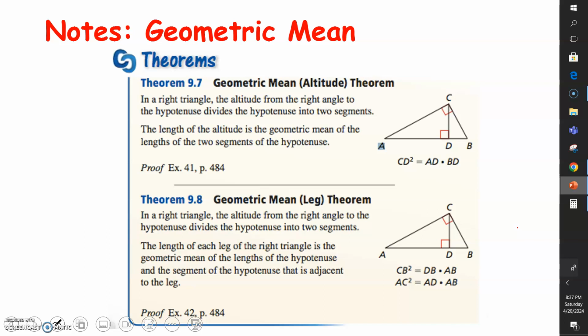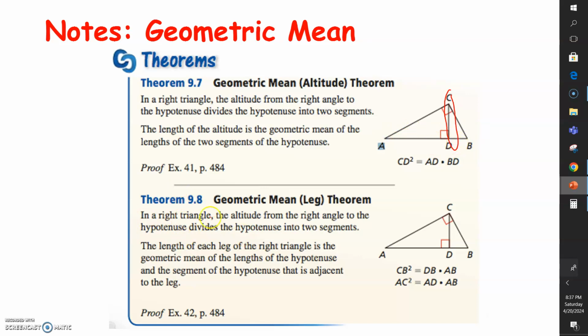In a right triangle, the altitude of a triangle, here CD, from the right angle to the hypotenuse, divides the hypotenuse into 2 segments. The length of the altitude is the geometric mean of the lengths of the 2 segments of the hypotenuse. That is, CD squared is equal to AD times BD. So this times itself is equal to this piece times this piece.